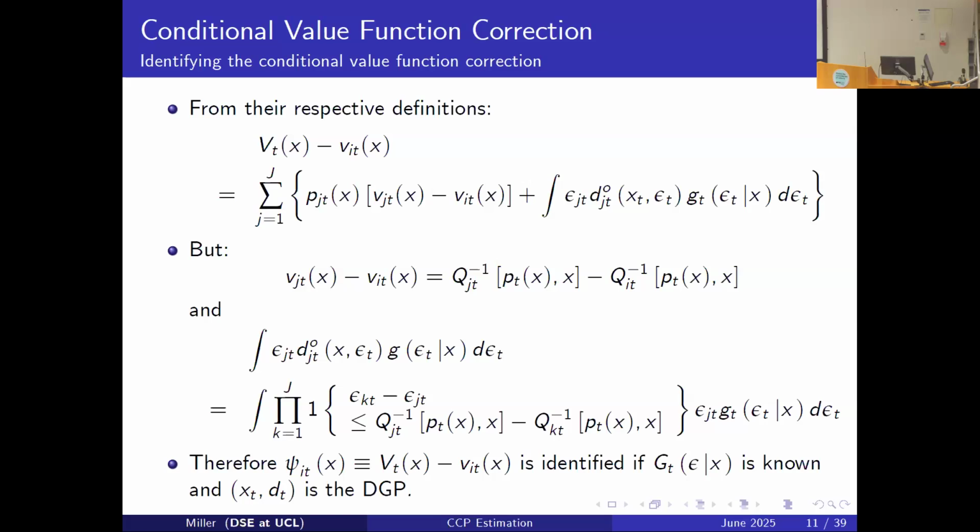Okay? So that's telling us that even though the value function itself is not identified, and there's no surprise about that, why would you ever be able to identify a utility level? Economists don't care about how happy people are.